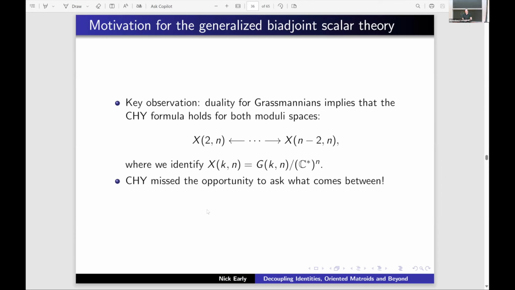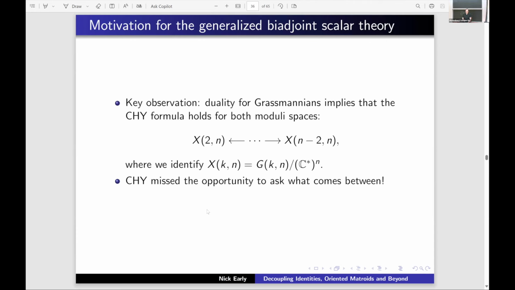So the one observation is, let's start from scratch again. Go back to M0n and the CHY formalism. We have this notion of Grassmannian duality between G(k,n) and G(n-k,n).